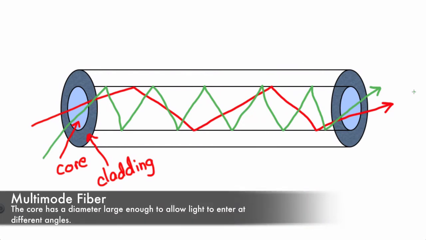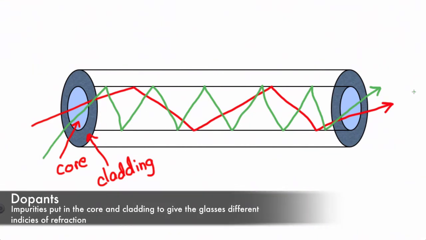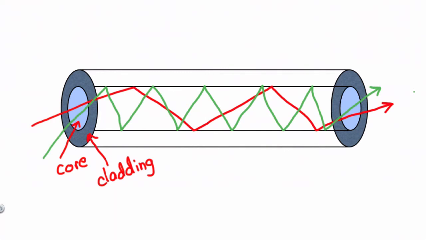It's less expensive to manufacture a multi-mode cable. The way it's manufactured is there are different levels of dopants put in the core and the cladding to give those 2 different types of glass a different index of refraction. But if we have higher manufacturing tolerances, and we can have a smaller diameter, if the core is smaller, it could be so small that we would only have room for 1 mode.